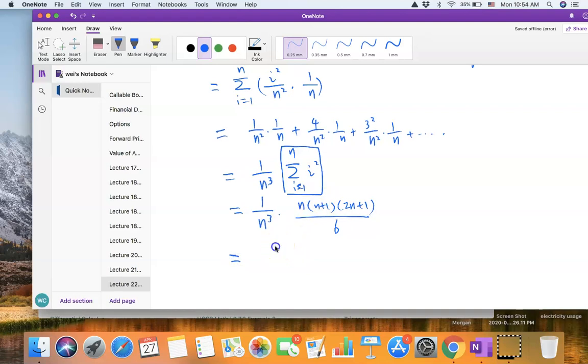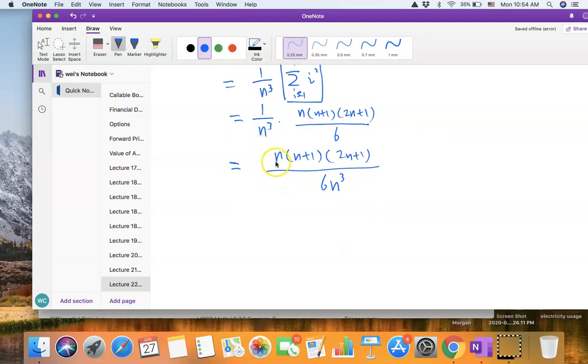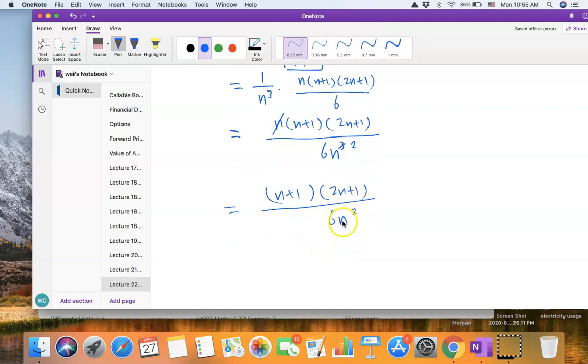So the total is n times n plus 1 times 2n plus 1 over 6n to the third. And we can cancel out n. So we get n plus 1 times 2n plus 1 over 6n squared. So this is the formula we want.